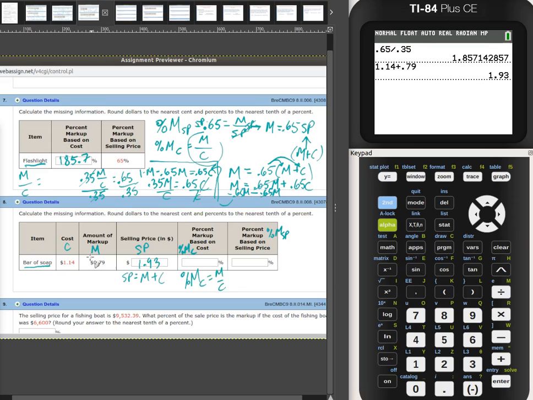We have the markup, we have the cost, we just have to divide 0.79 divided by $1.14. And so that one is going to be, we need it as a percent though. We always keep getting it as a decimal. It will go 69.3%.